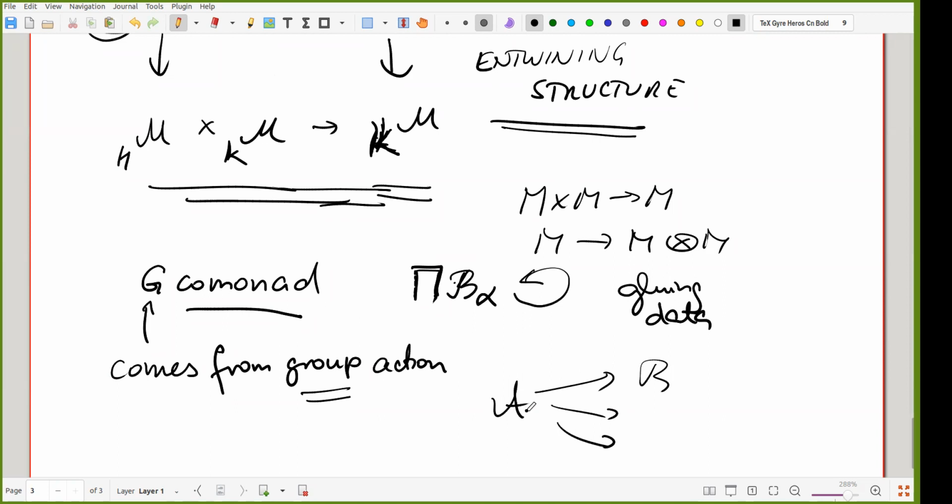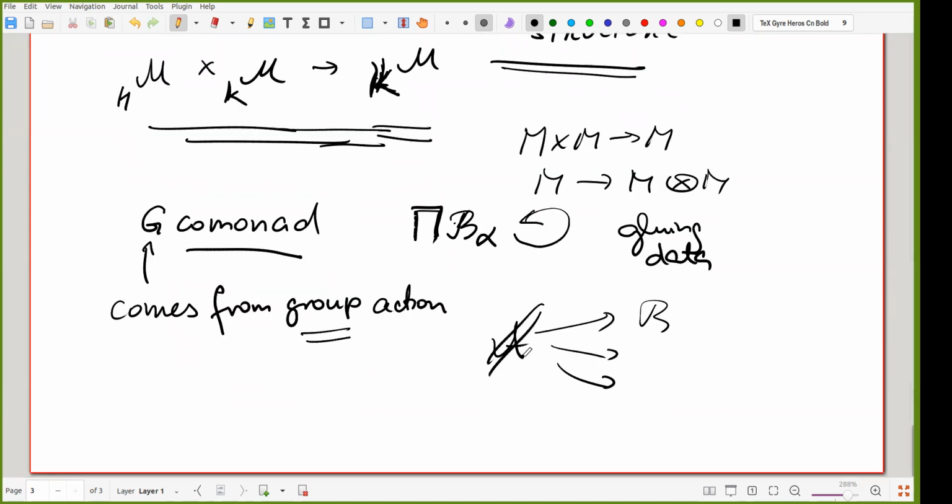Now, if I want to reconstruct A by forgetting A, I just have B alpha, B alpha prime, and so on. So imagine that I go from B alpha by direct image functor to A, and then by inverse image functor to B alpha. Then I have a map from B alpha to B alpha prime, and so on, from B alpha prime to B alpha double prime, and so on.